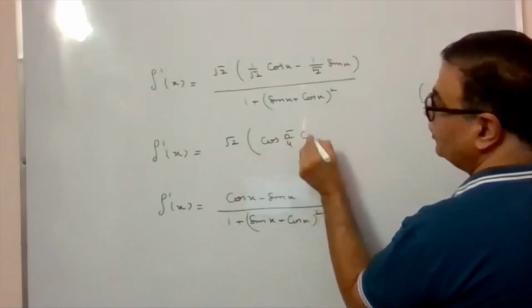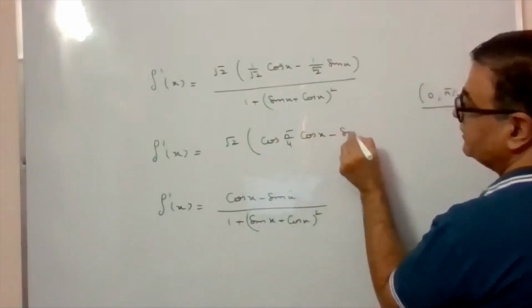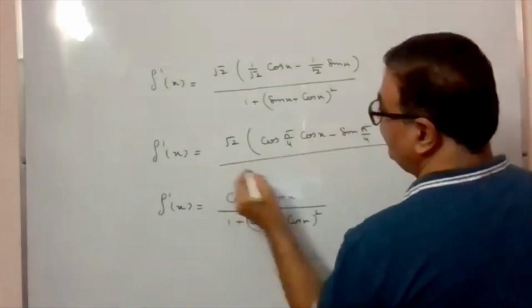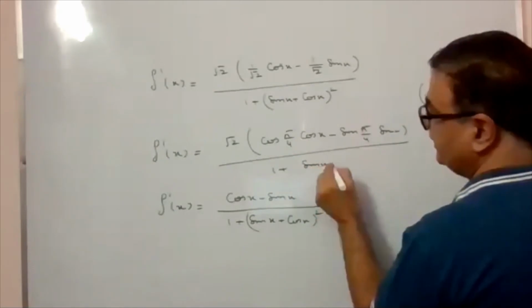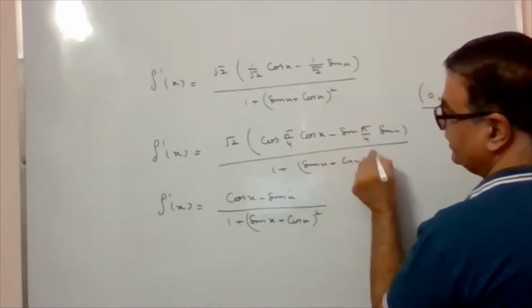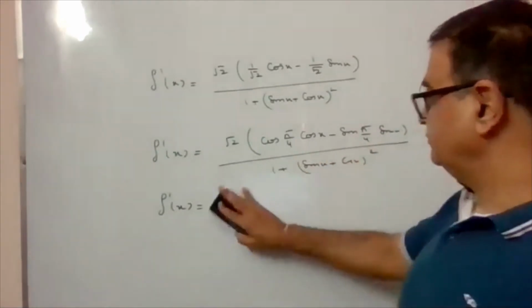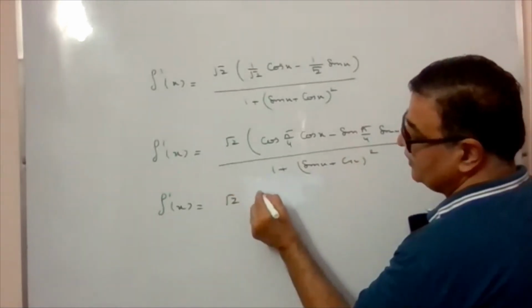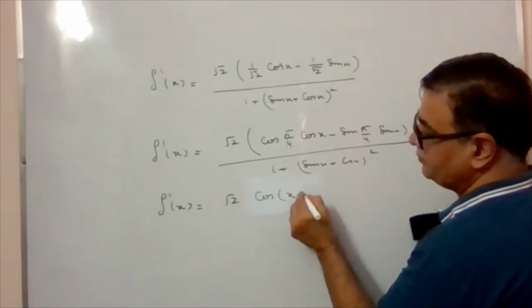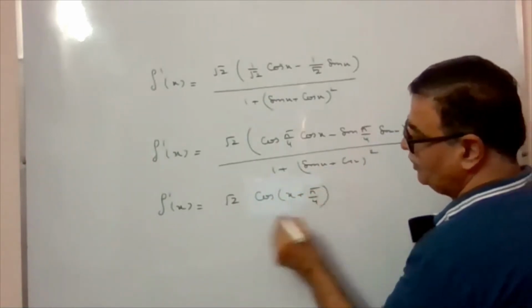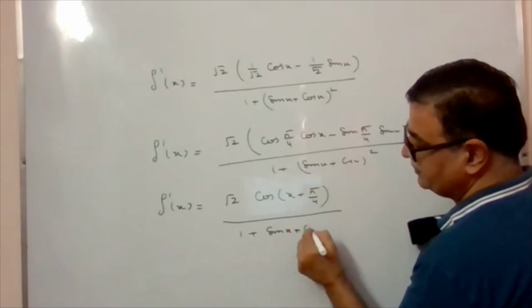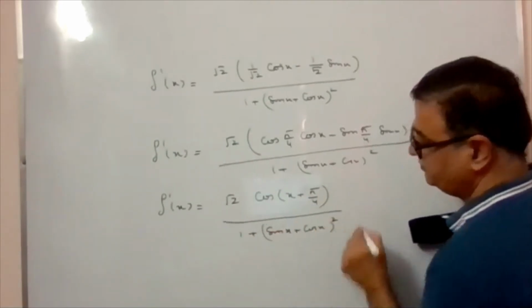Cos pi by 4 cos x minus sin pi by 4 sin x, whole divided by (1 plus sin x plus cos x) whole square. Then I'll write this as root 2 cos of (x plus pi by 4) whole divided by (1 plus sin x plus cos x) whole square.